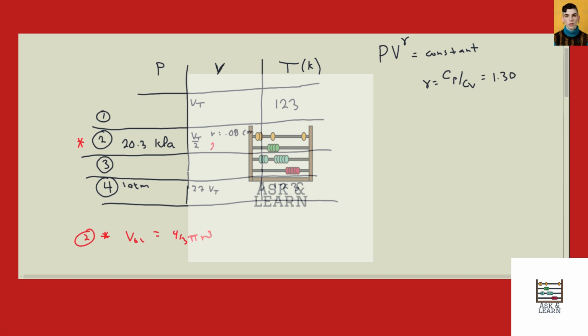So we have 2.14 times 10 to the minus 3 cubic meters. Figuring that out, I won't show all the math there. And then what happens is we can now find the trigger volume by just multiplying it by 2. And that will give us the entry for the volume at point 1.